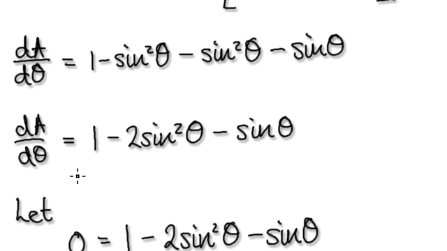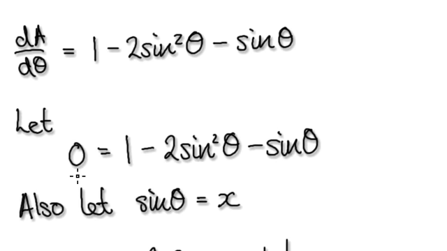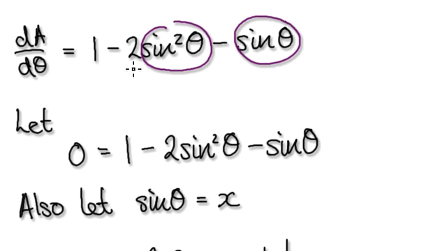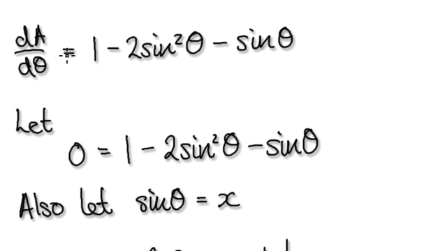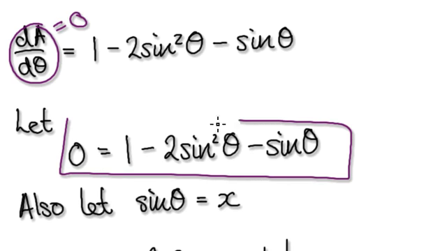Now we use a trick that we used once before in one of the earlier videos. Let me go back one step. We set this to be 0, so you're trying to solve this.